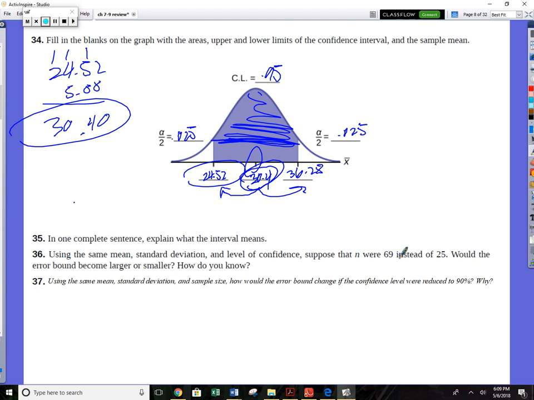If you more than double that, if you sample 69 kids, if you increase your sample size, what is going to happen to this margin of error? Is your margin of error going to become larger, or is your margin of error going to become smaller? Intuitively, we hope it's going to become smaller. The more people we talk to, the more accurate it's going to paint a picture. So let's try it real quick.